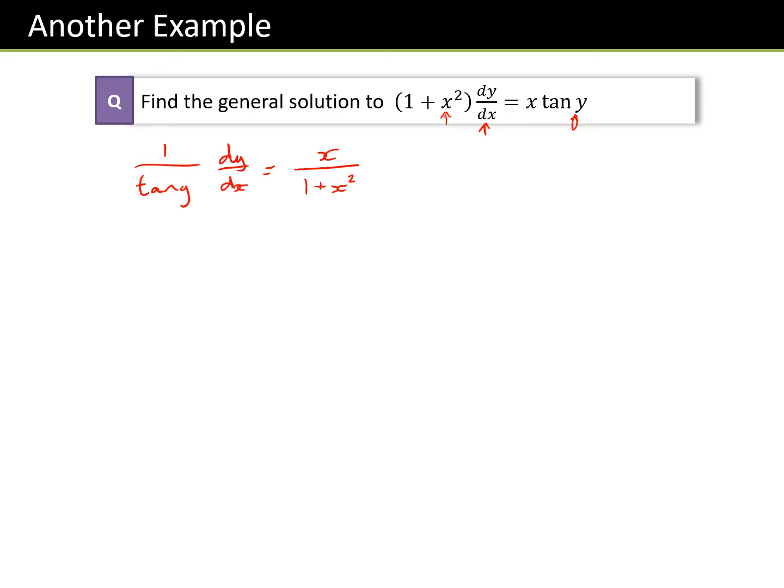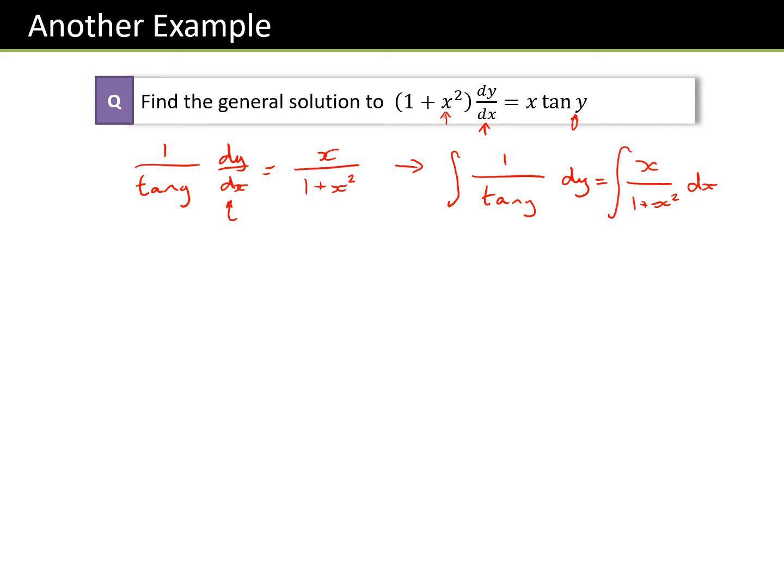Okay, but remember, this dx is still on the left. So multiply over by the dx. And now all y's are on the left, all x's on the right, so now we can integrate both sides.